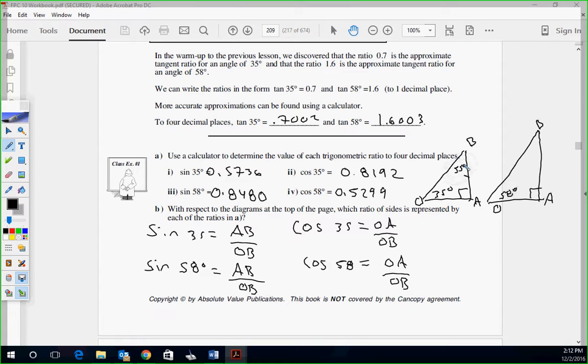The thing that we have to get through our head is that angles create sides. 35 degrees created this side. 55 degrees is bigger, so it should create a bigger side. So when I ask which side's bigger, this side's going to be the bigger side, and this is the smaller side. Smaller the angle, smaller the side.